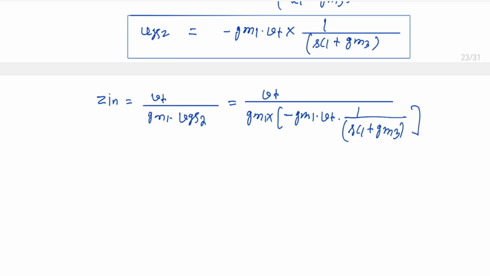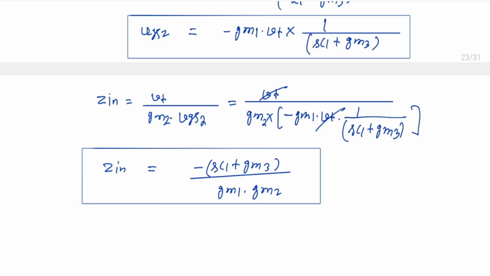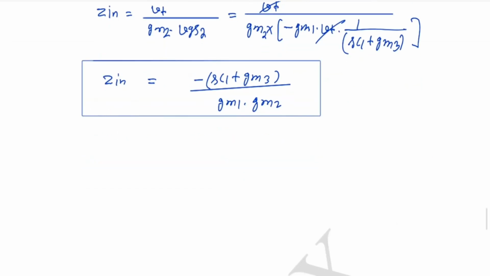This Vt will cancel out, and that will be minus sC1 plus gm3 divided by gm1 into gm2, this one is gm2. So this is our input impedance looking from that node.